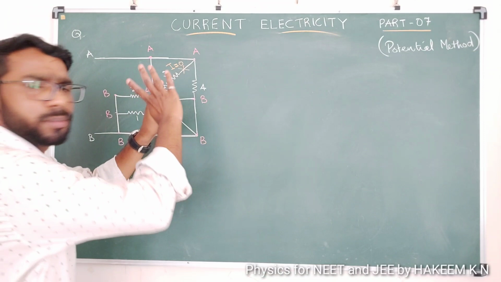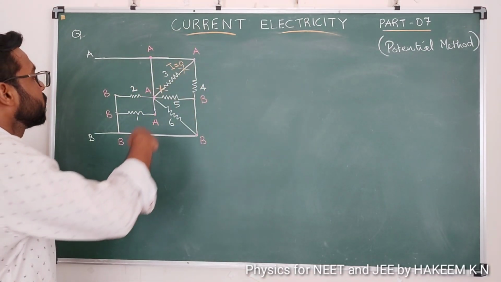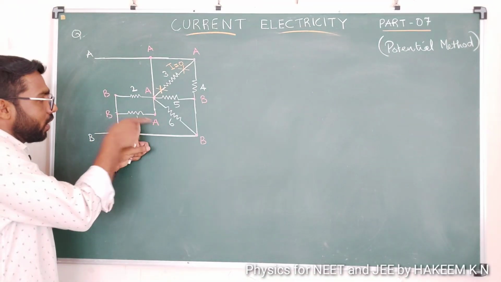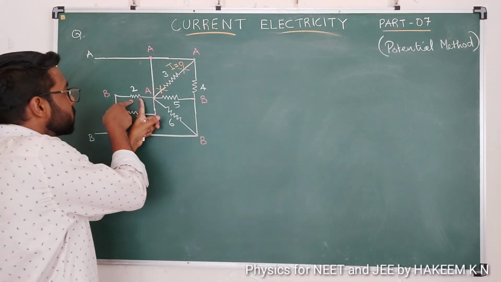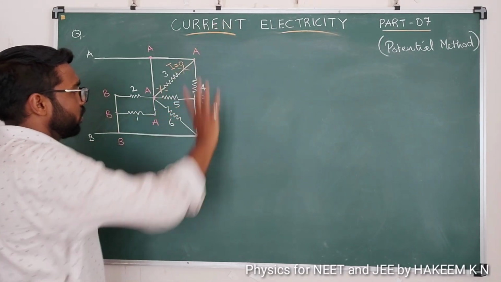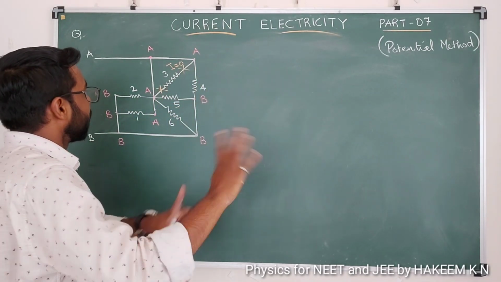So no need of thinking about the third resistor. Now look, other resistors. First resistor, one end at A, other end at B. Second resistor, one end at A, other end at B. Third resistor, no need of thinking about it.